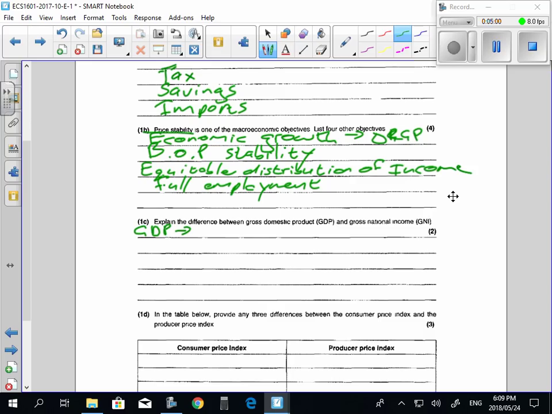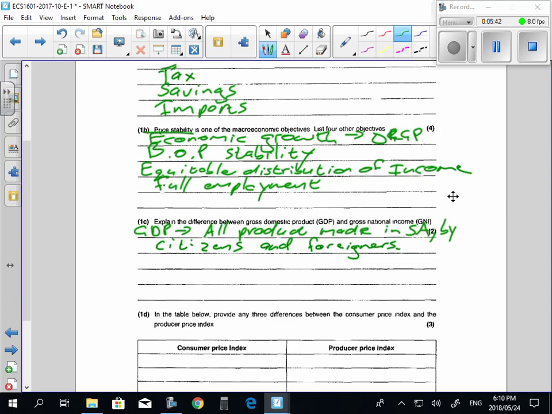So we are looking at the production of all products made in South Africa, right, by foreigners, or by citizens and foreigners. So GDP does not care whether the product is produced by South African citizens or foreigners living and working in South Africa. It just totals all the production.